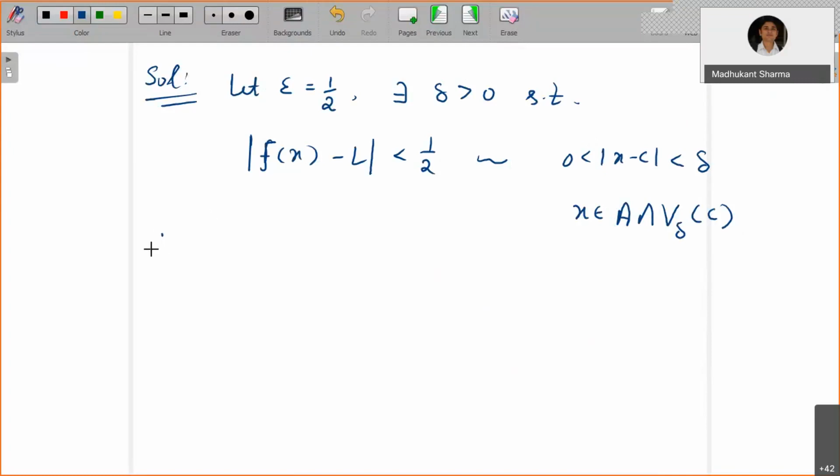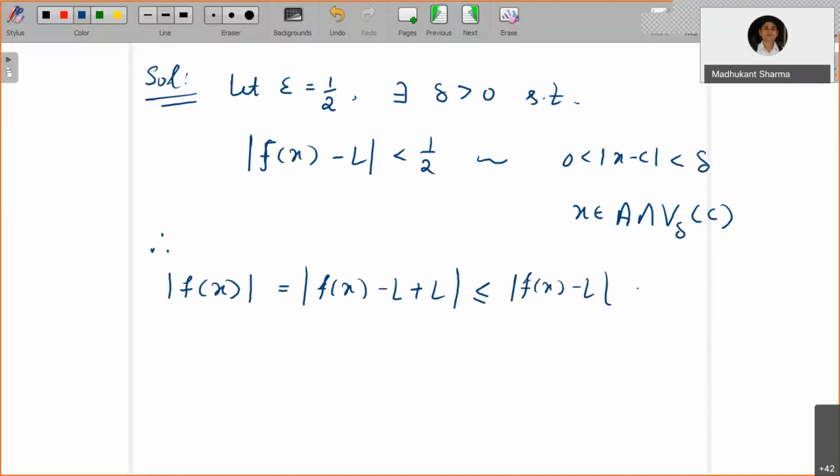What it implies is, now use the triangle inequality: |f(x)| equals, adding and subtracting L, and using the triangle inequality, less than or equal to |f(x) - L| + |L|. Now this is certainly less than |L| + 1/2 for all x in A intersection V_delta.